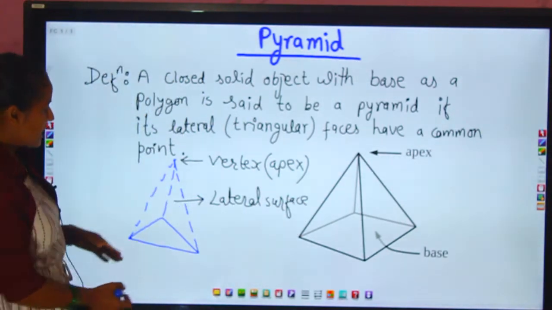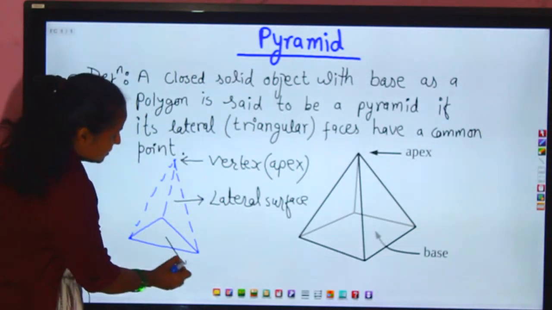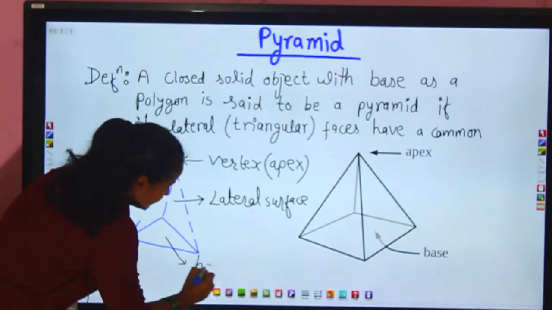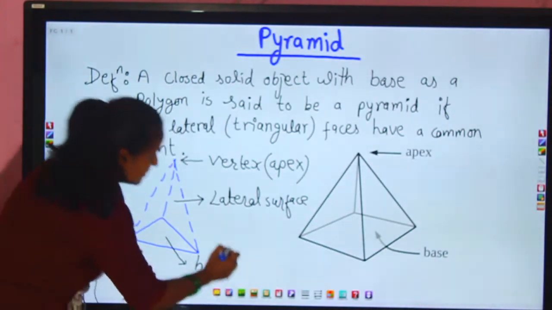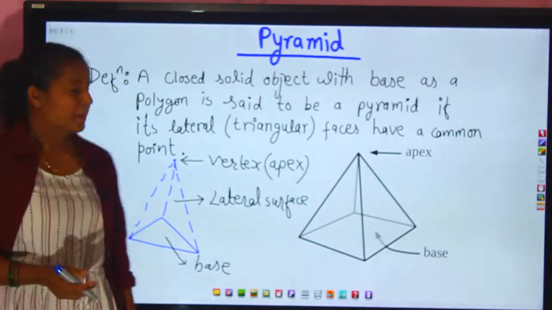Lateral surface, and this one is called the base of the pyramid.